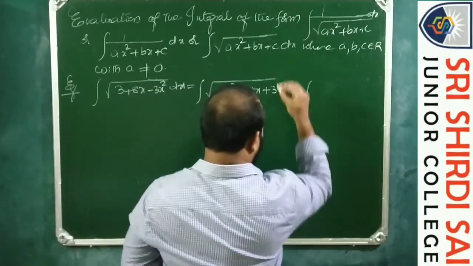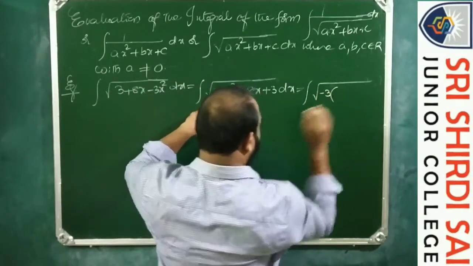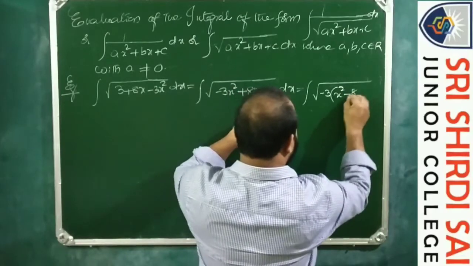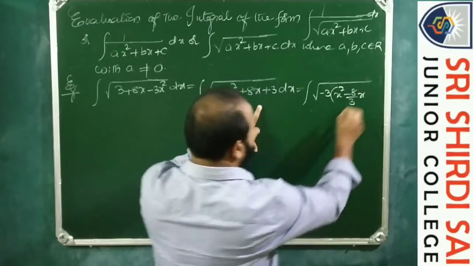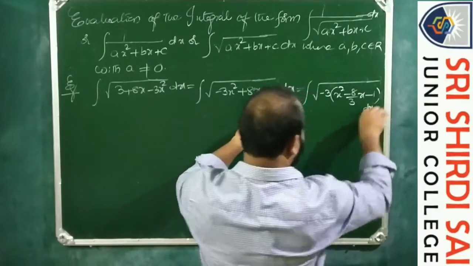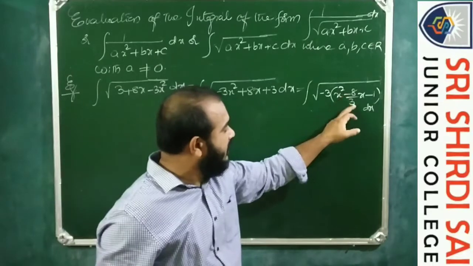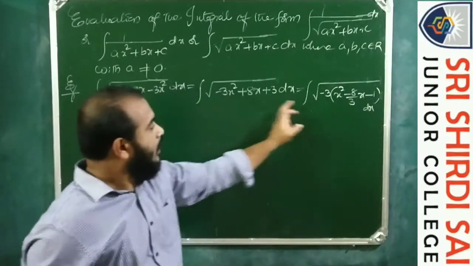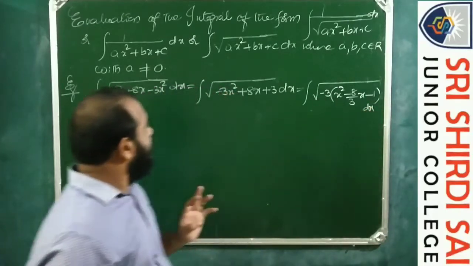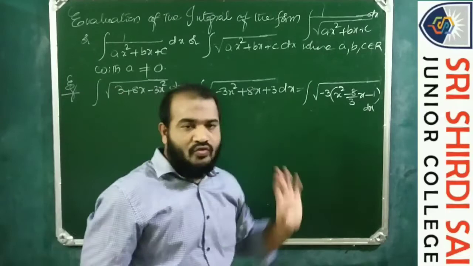So taking minus 3 as common, it will be x square minus 8 by 3x minus 1 dx. Minus 3x square, minus into minus plus, 3 gets cancelled, 8x, minus into minus plus, and the 3 ones are 3 dx. So the given integral we have written in this way.